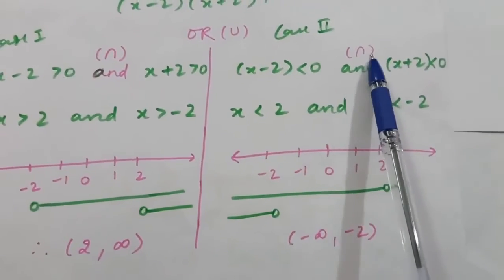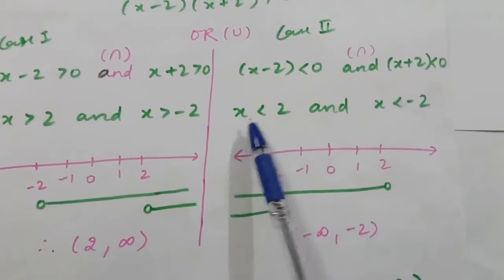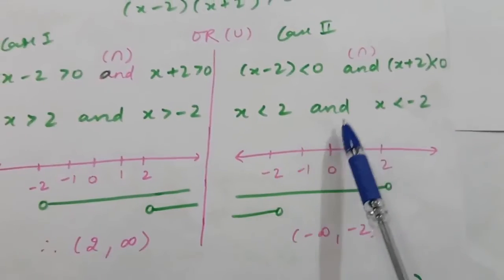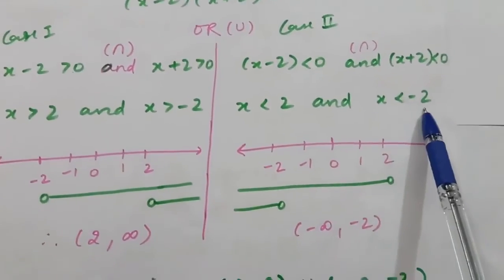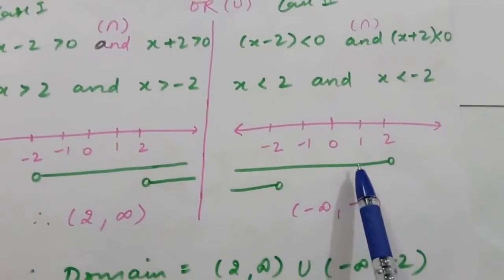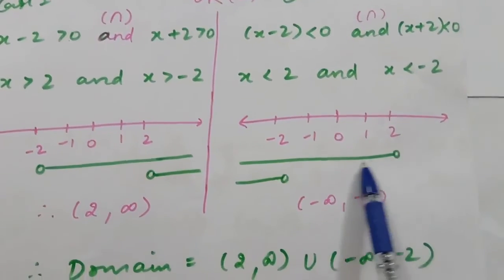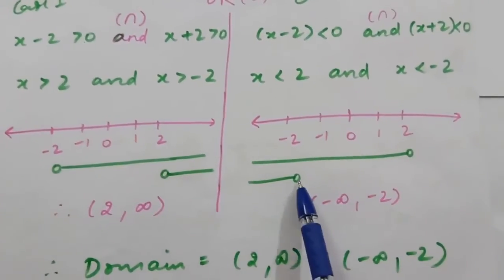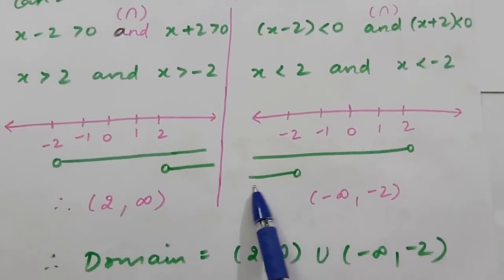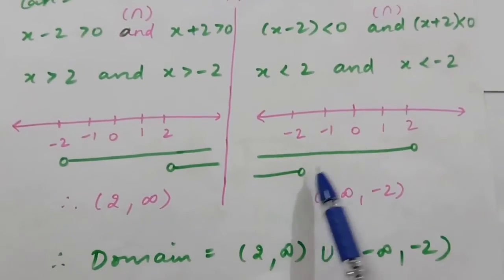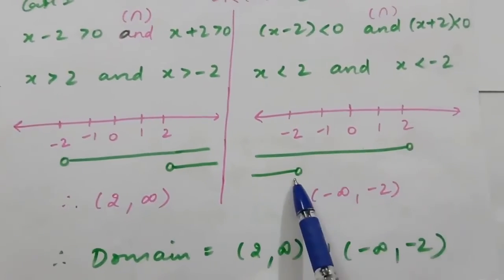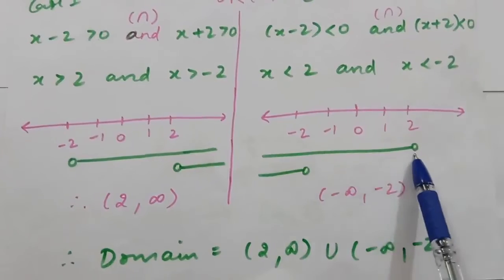And here also AND means intersection only. Now x is less than 2 and x is less than minus 2. So taking their intersection, when x is less than 2 this side and when x is less than minus 2, then it will be this side. Also both the sides open, or you can say empty circle will come. Why?